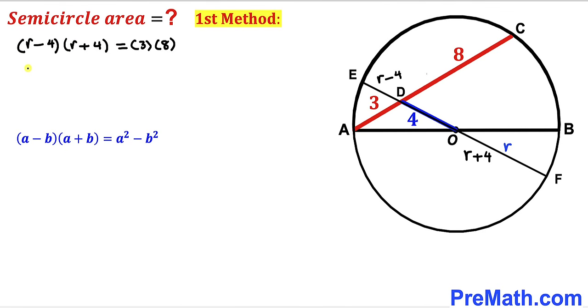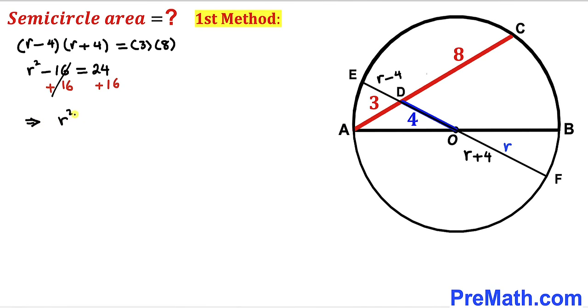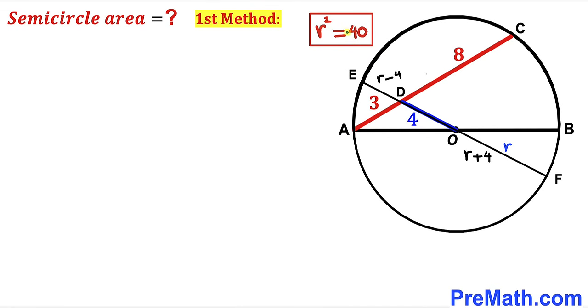So the left hand side could be written as r square minus 16 equals 24. Now we are going to add 16 on both sides, so this is gone, and our r square value turns out to be 40.